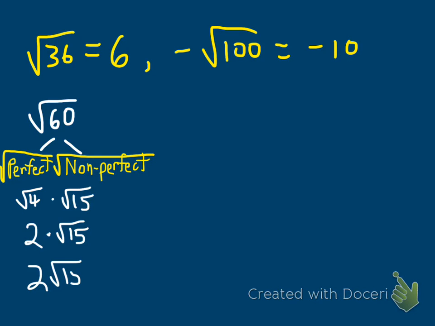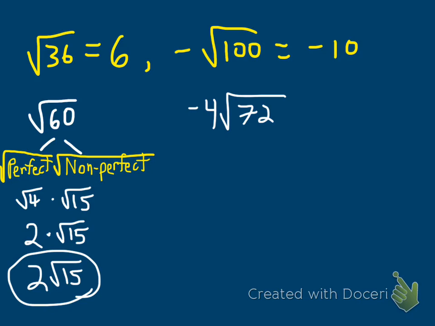The square root of 15 does not break down into any other factors that are perfect squares because the only other two factors are 5 and 3. And again, we don't want to use 1. 1 is a factor of every number. It's also a perfect square, but that doesn't help us simplify. So the square root of 15 stays as is. So we have 2 times the square root of 15, or 2 radical 15 as our final answer.